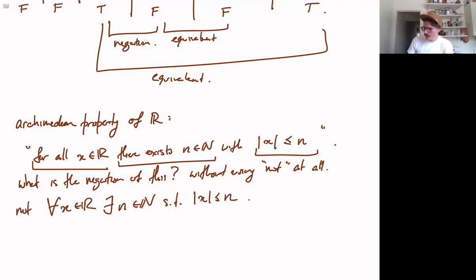So we will use, I feel like this is almost the only rule I ever use for negating things. There's not a huge variety of situations. So we will use De Morgan's law for quantifiers.